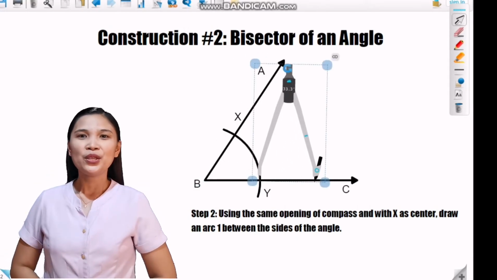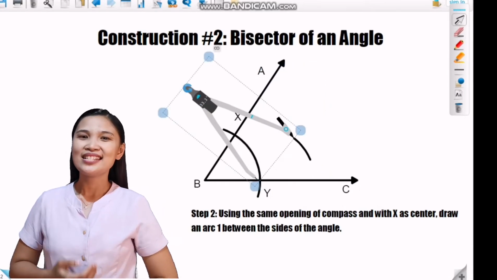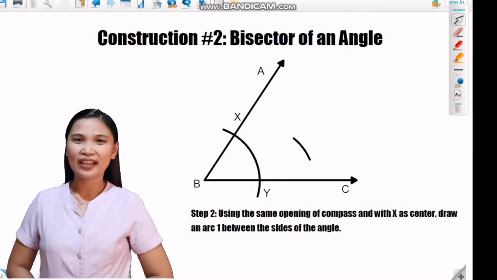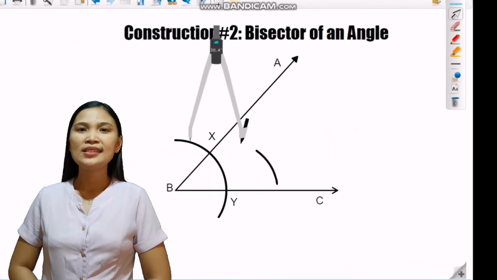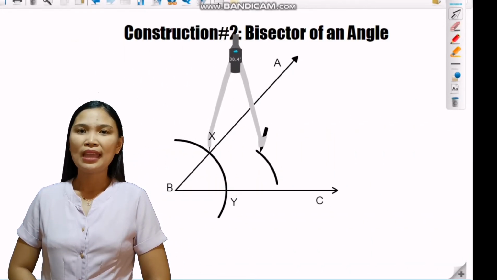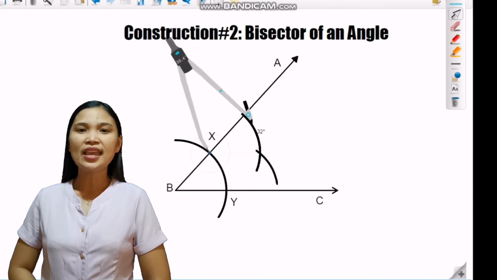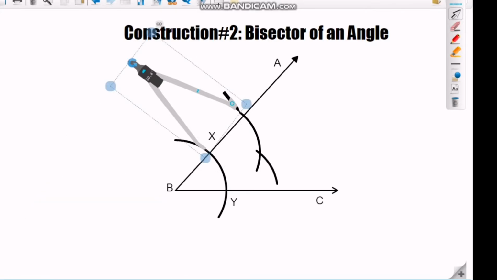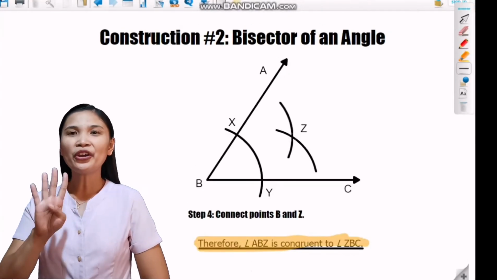Step 2. Using the same opening of a compass and with Y as center, draw an arc between the sides of the angle. Step 3. With the same opening and with X as center, draw an arc to cut the intersection at point Z. Step 4.